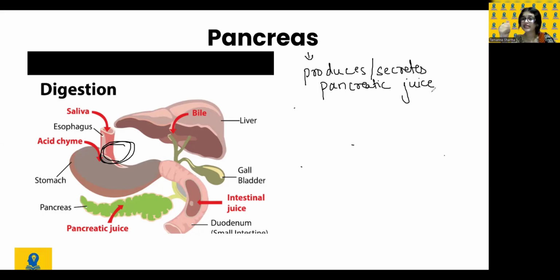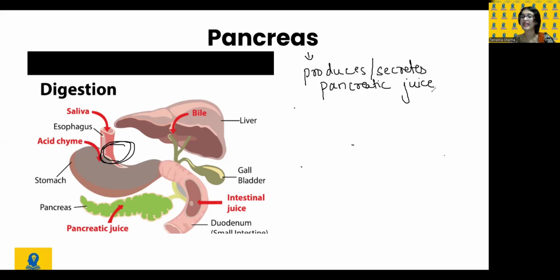First is trypsin. What does trypsin do? It helps in breaking down or digesting proteins. Number two, amylase. Like we learned, it helps in breaking down starch into simple sugar. Same way here, it helps in breaking down carbohydrate into simpler molecules, which can be digested by our body.